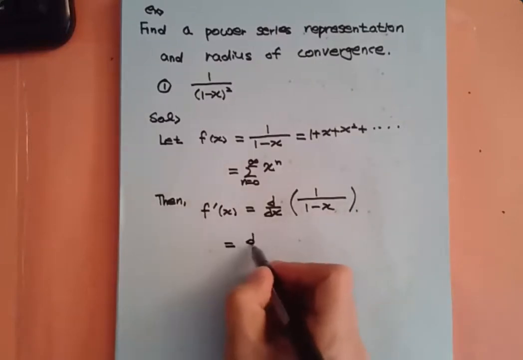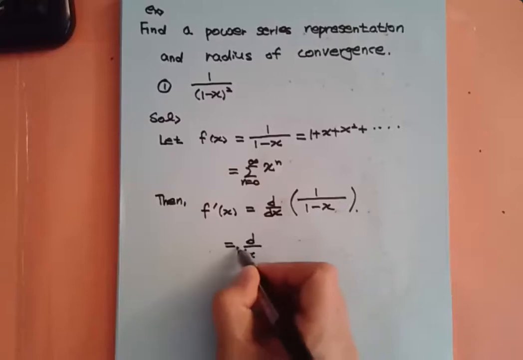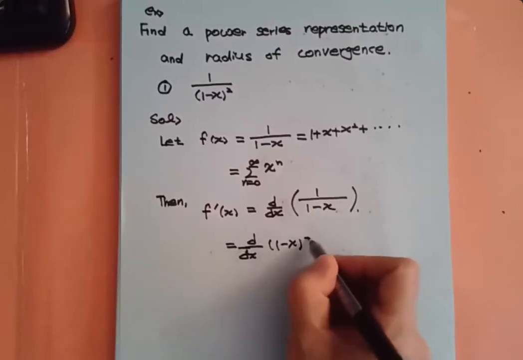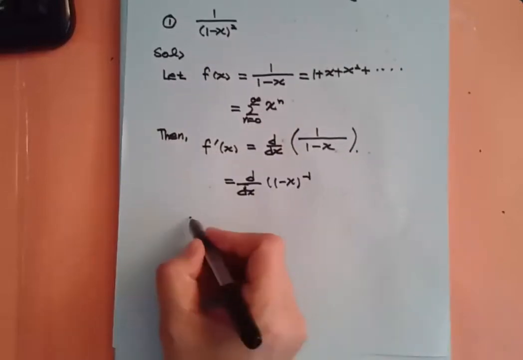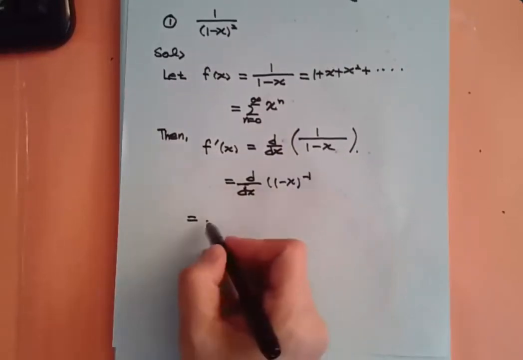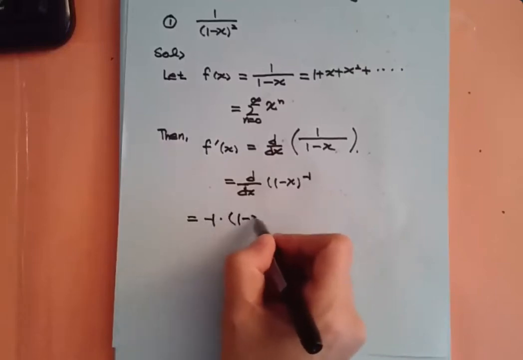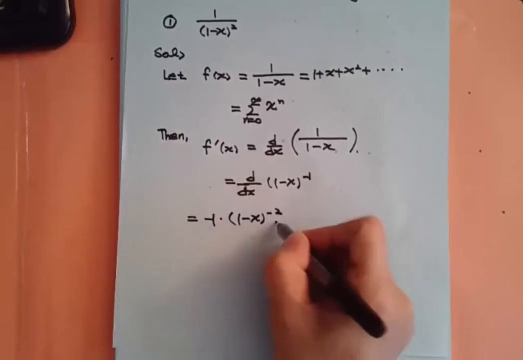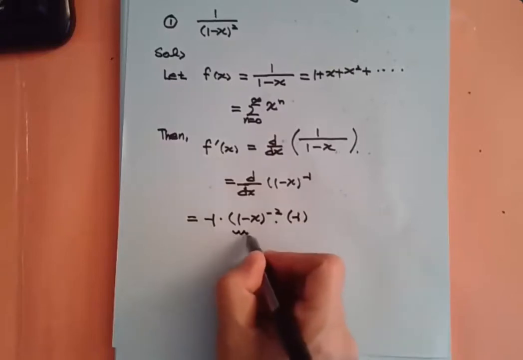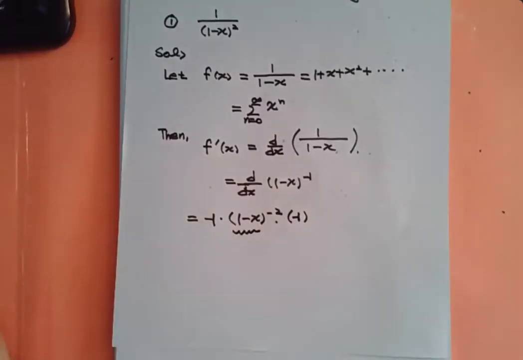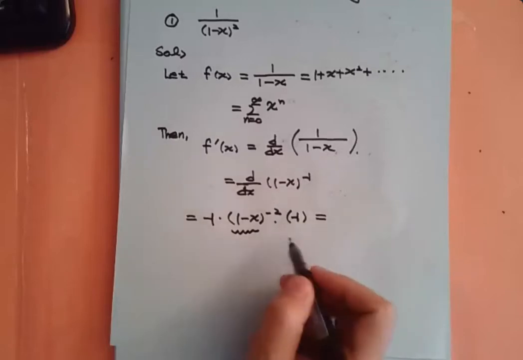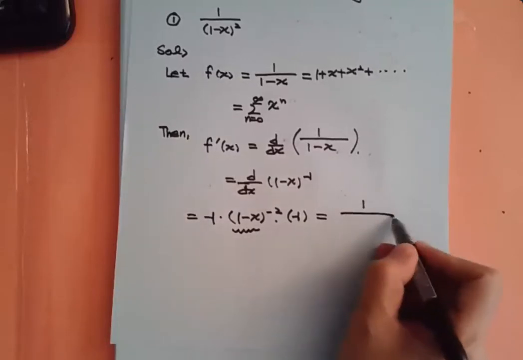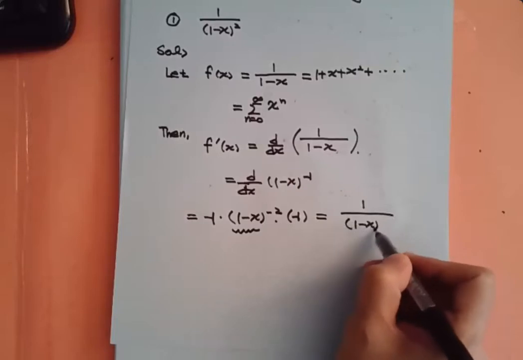Of course, that can be written as (1 minus x) to the negative 1 power. And then we bring down the negative 1, times (1 minus x) to the negative 2 power, times the chain rule. So we differentiate this part, and that is negative 1. So negative times negative will make positive, and so that ends up being 1 over (1 minus x) squared.